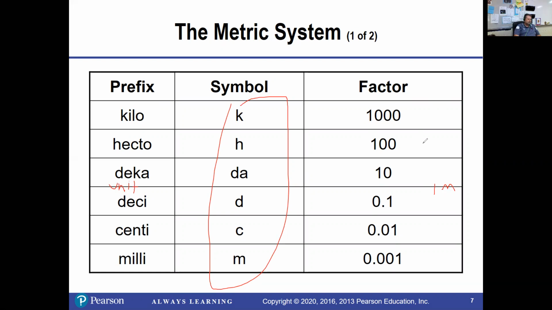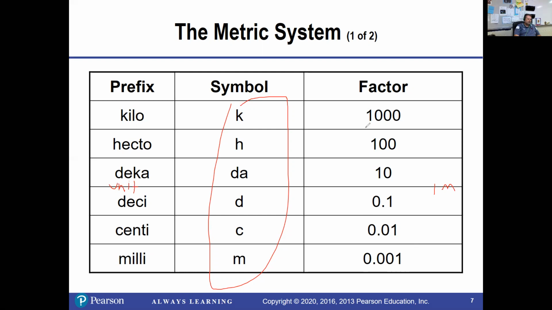A hectometer is a lot of meters. A kilometer is 1,000 meters. So as you go up, we multiply. But the centi and the milli are very small pieces. There are 100 centimeters in a meter. There are 1,000 millimeters in a meter.